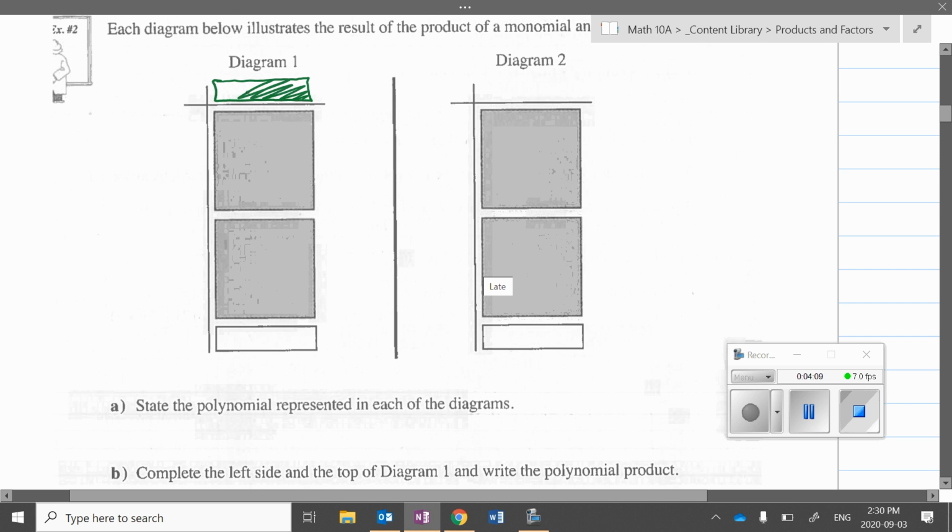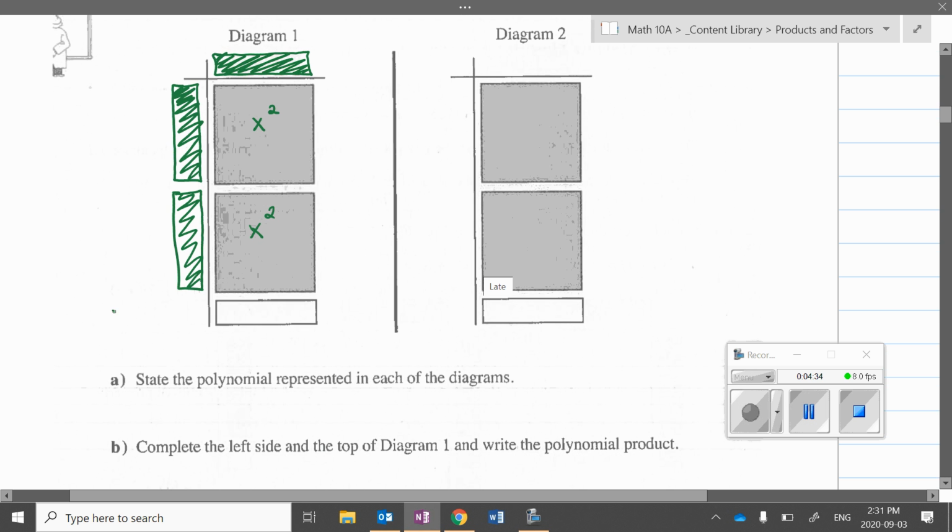Let's say that's a positive x. Well, this side then right here has to be a positive x, because a positive times a positive gives us our positive x squared. So then vertically going down, this one also, by that same logic, has to be a positive, because a positive times a positive still gives us our positive x squared.